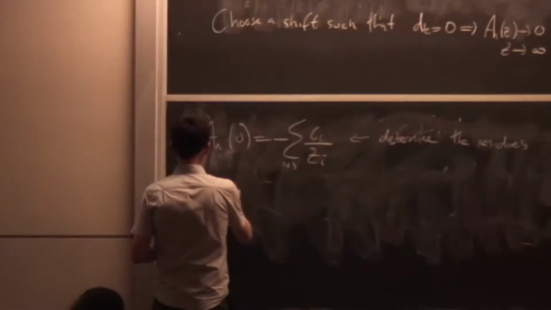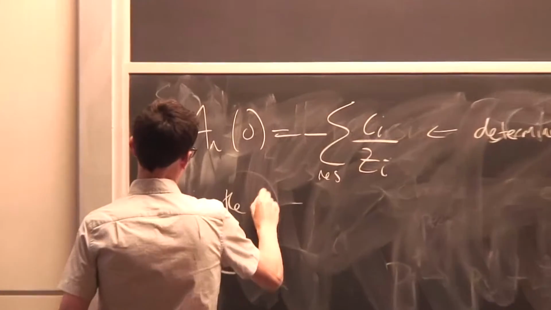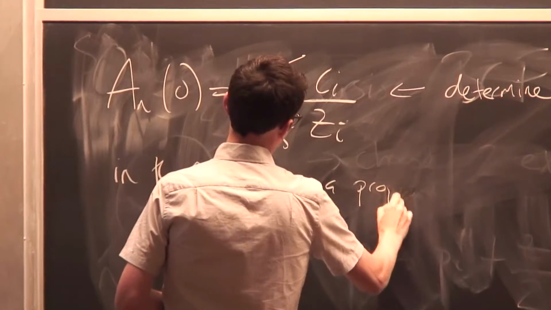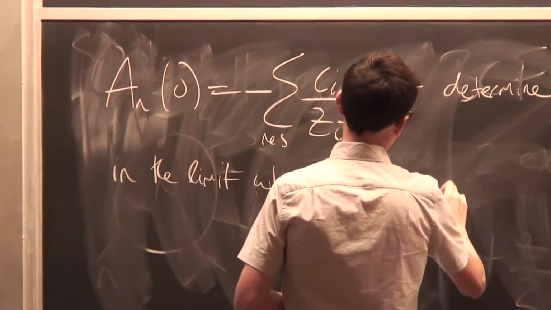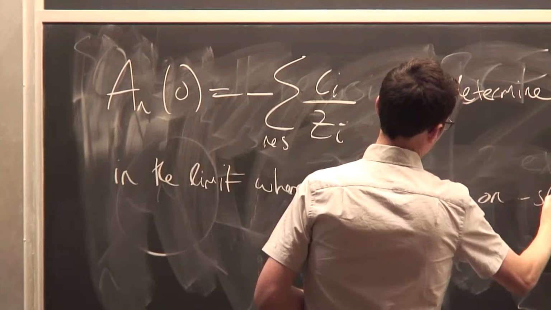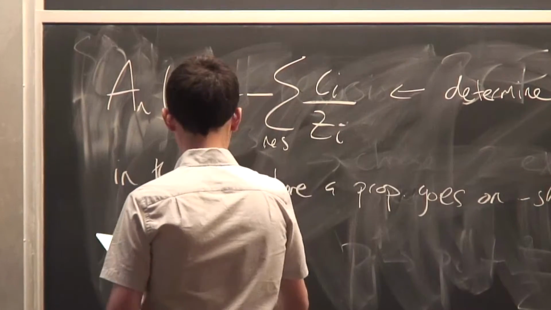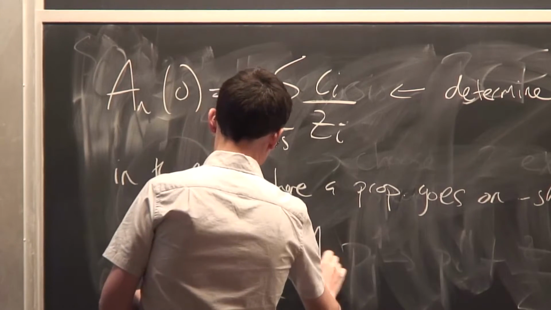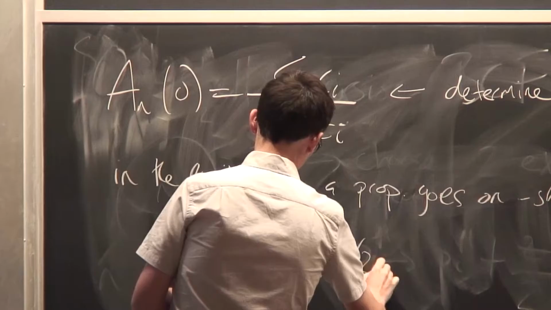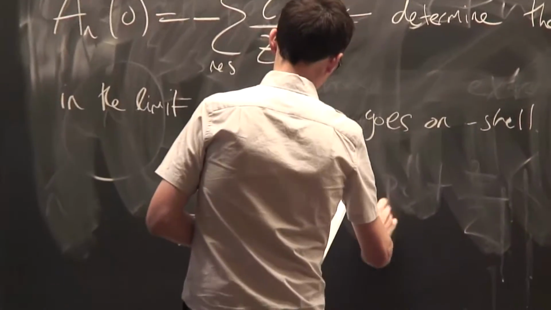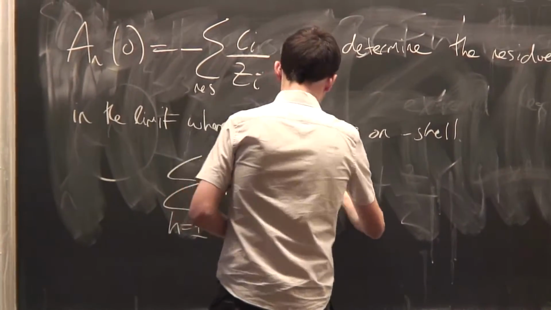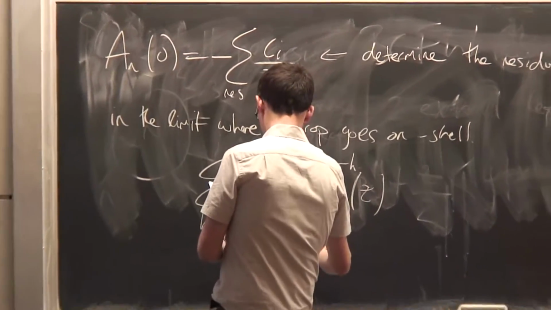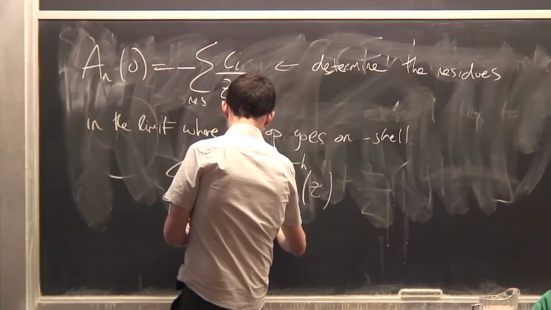And we can say that in the limit where a propagator goes on shell, we can write that it's some left amplitude with some helicity, as some function of z, times some right amplitude, and this whole thing is still divided by our p squared of z.